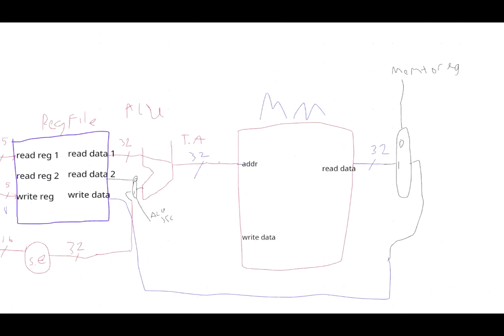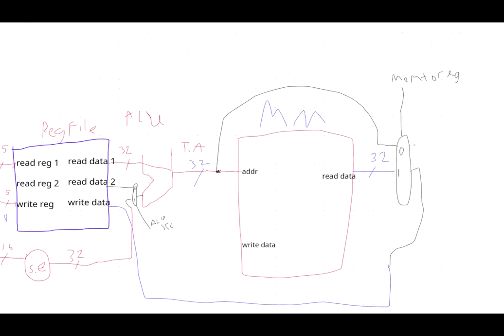The other input for this multiplexer would be, we would divert this target address here and go to the 0 input over here. Essentially, if we have a load, then we compute the target address, and then this will be a 1. So this signal here is 1, and we would select this one over here.